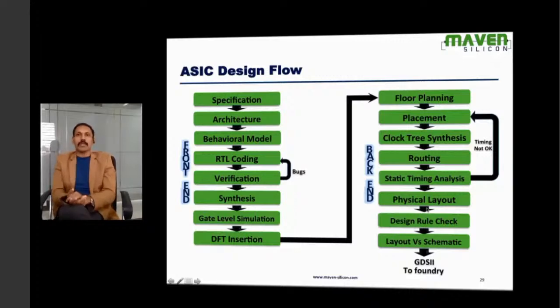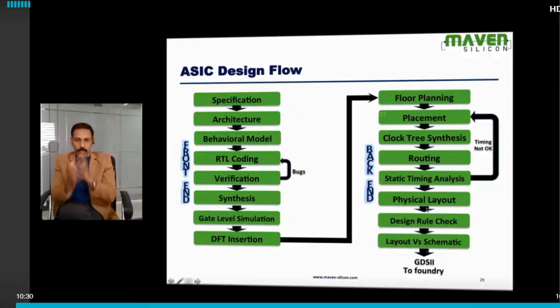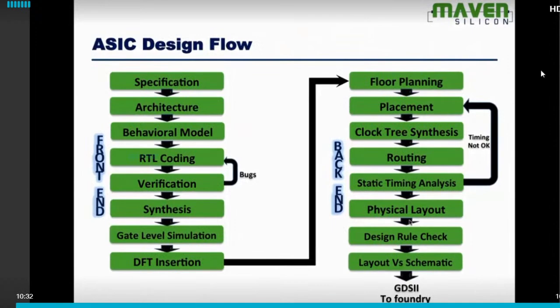So we create the layout, and then we apply DRC to check whether the physical layout follows the fabrication standards. And then finally, we take the layout and compare it with the schematic, whether the routed netlist retains the same functionality. And after the physical verification, we release the netlist GDS2 to the foundry. This is how the design flow works.